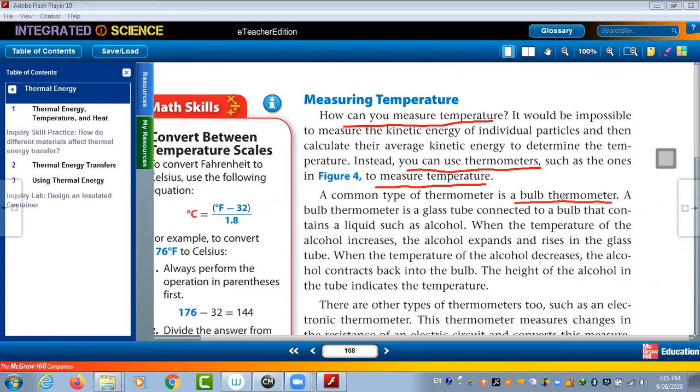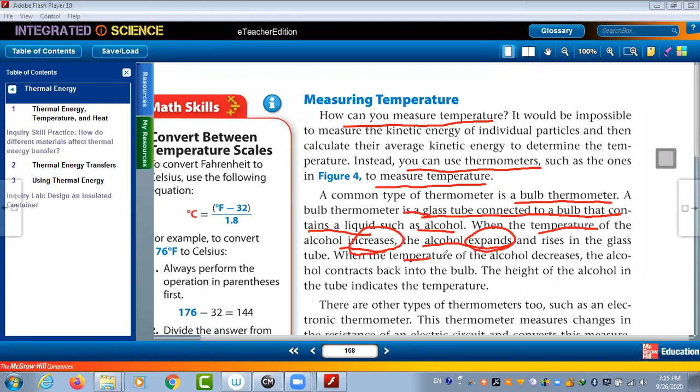A bulb thermometer. Okay, what is inside the bulb? It is a glass tube connected to a bulb that contains a liquid such as alcohol or mercury. We said when the temperature increases, the alcohol expands and rises in the glass tube.